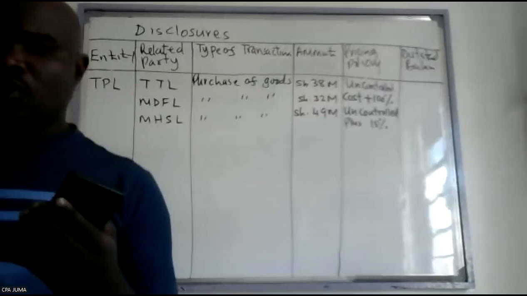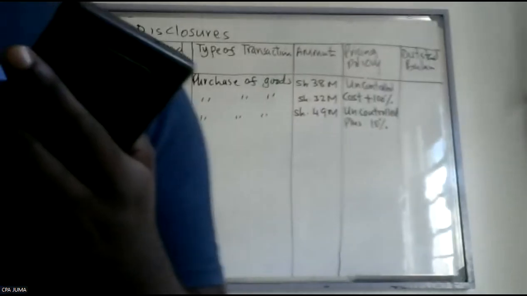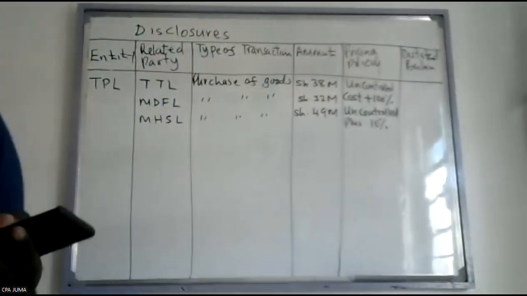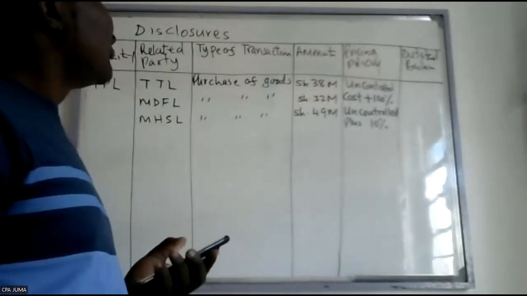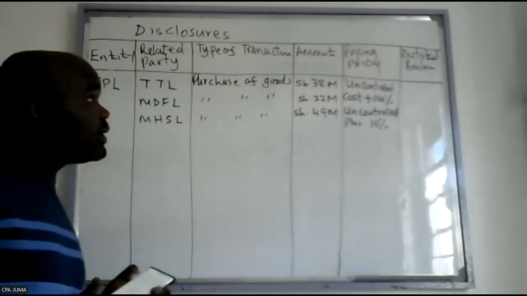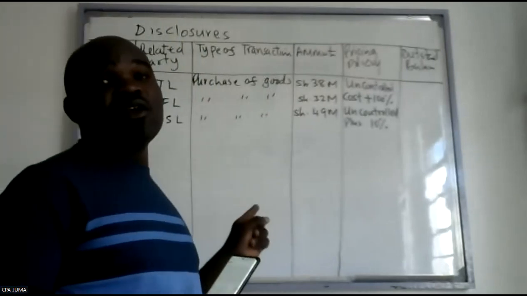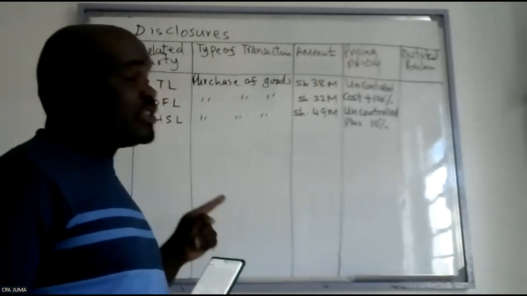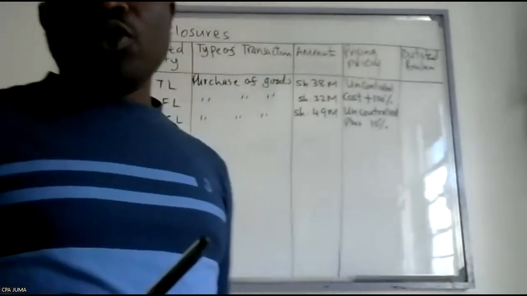So my space doesn't allow it to be together. Outstanding means they have not paid, because they were the purchasers. So you will write this way.